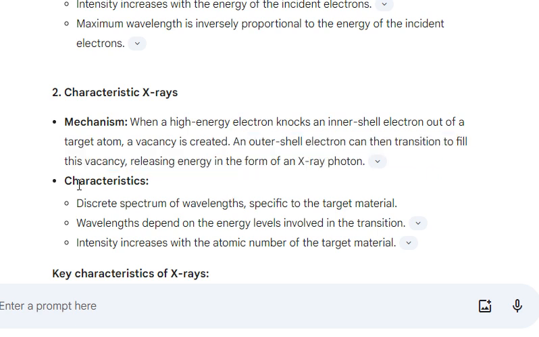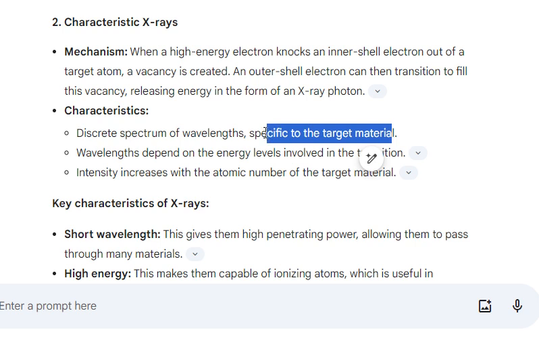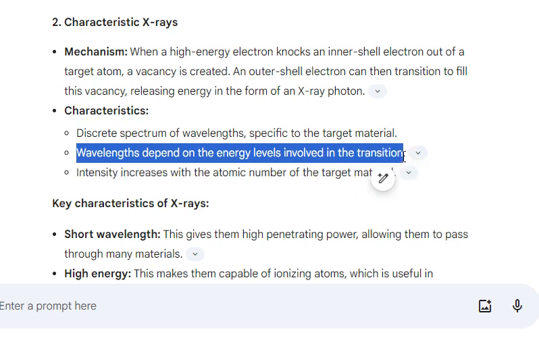Okay, now what are the characteristics of this type of X-rays? They have a discrete spectrum of wavelengths and are specific to the target material. Depending on the target material, a specific wavelength of energy is going to be released. The wavelength depends on the energy levels involved in the transition.